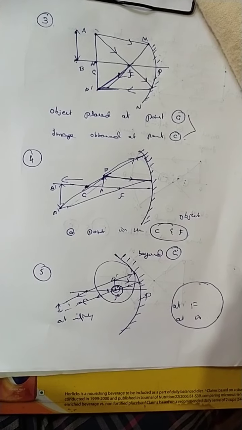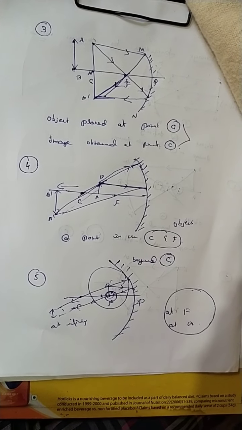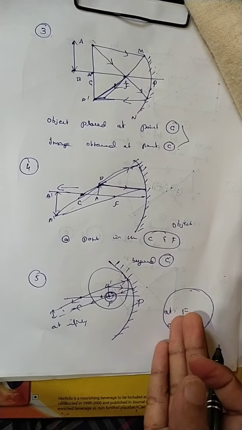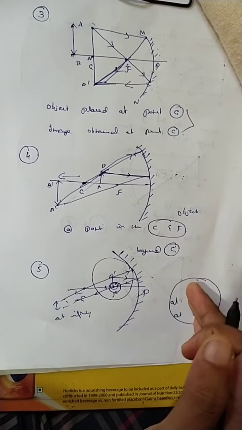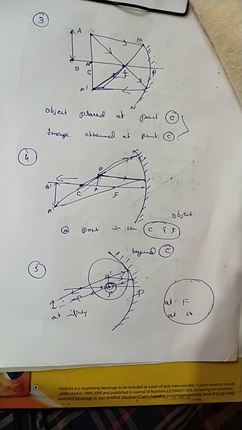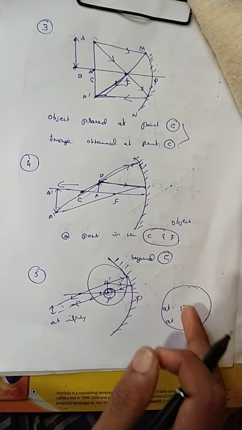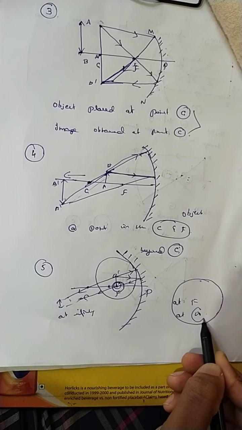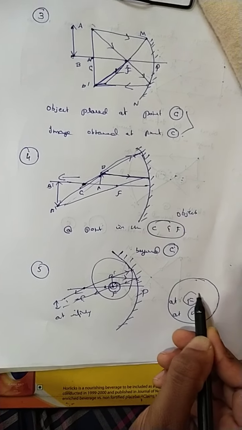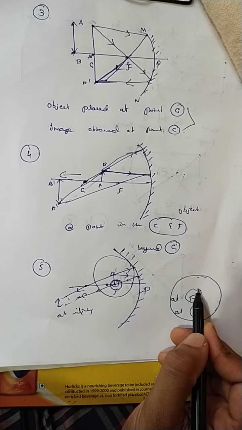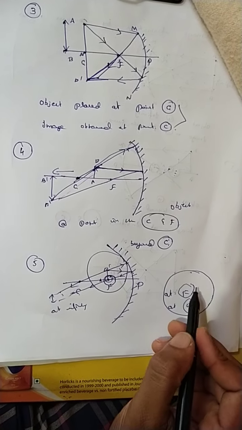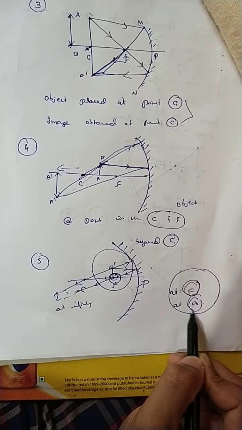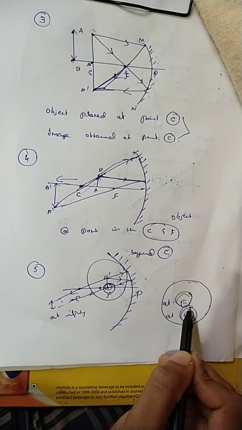In the first diagram the object is placed at infinity and the image is obtained at F. In this diagram the object is placed at F, it is vice versa, and the image is obtained at infinity.